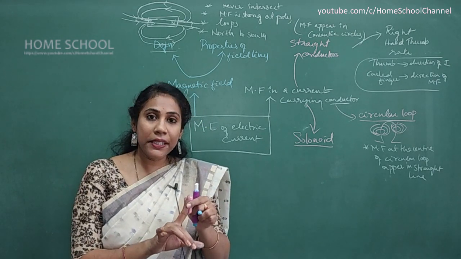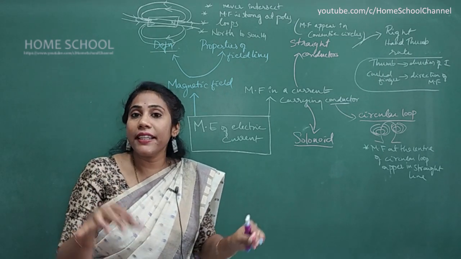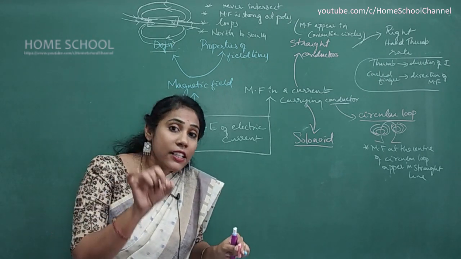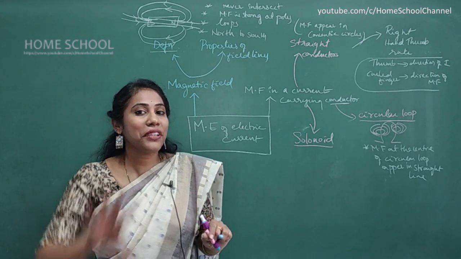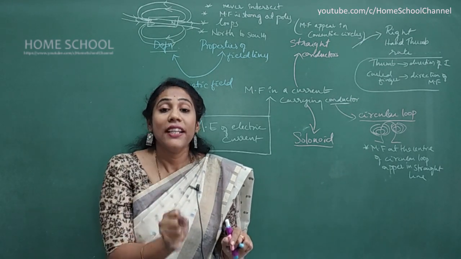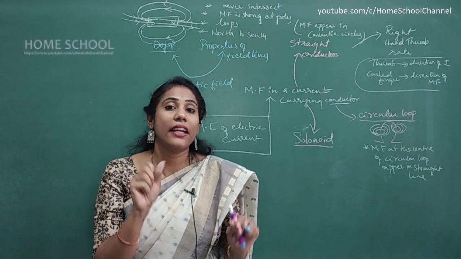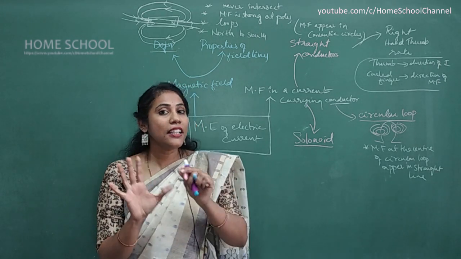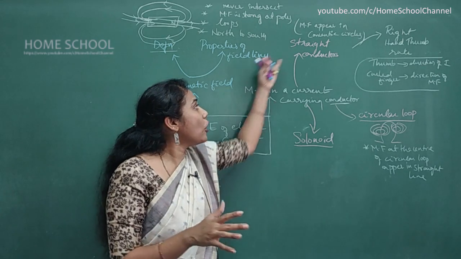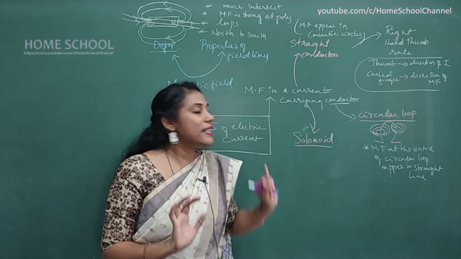The second point is that the direction of the magnetic field changes when the direction of current is changed. So the direction of magnetic field lines will change when the direction of current in a conductor changes. These are the 2 points common for all the 3 types of conductor: straight conductor, circular loop and solenoid.